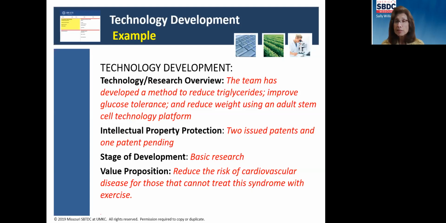So that's the simple way that it was said, okay? 2 issued patents and 1 patent pending. It's in the basic research stage. And here's the value proposition. Reduces the risk of cardiovascular disease for those that cannot treat this symptom with exercise alone, okay? So this is a medication, a new medication.